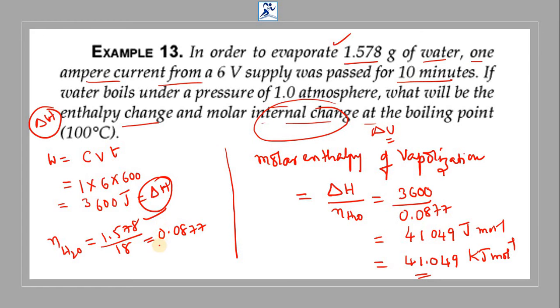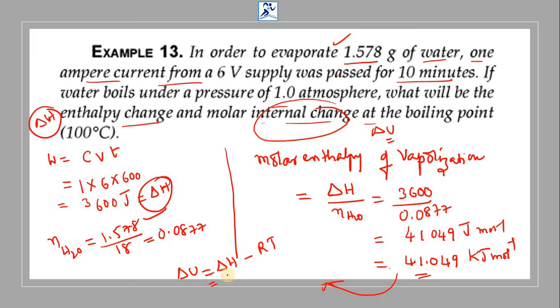Do remember, molar internal energy change can be calculated in another way, using the expression delta U equals delta H minus delta N RT. For water, delta N is 1 in this question.